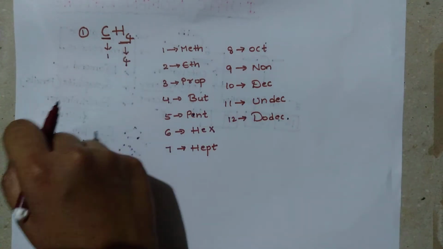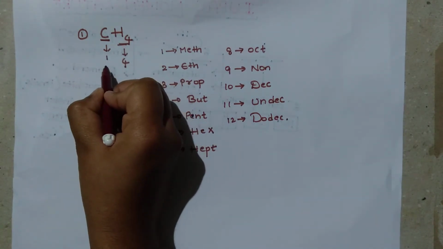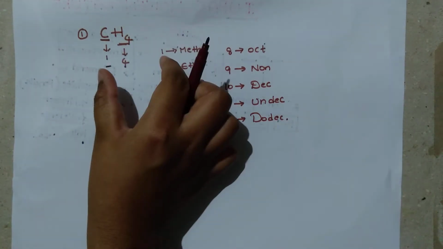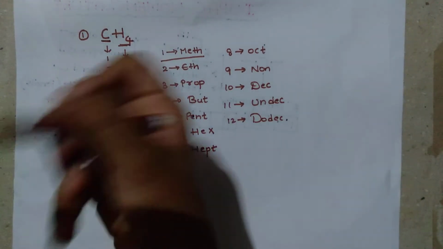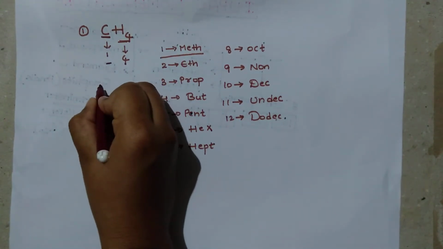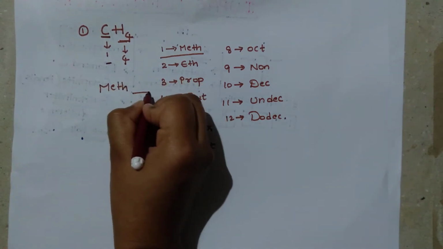So CH4, how to write the name for this? If one carbon exists in an organic compound, the name is meth. And what should we place after it? I will explain.